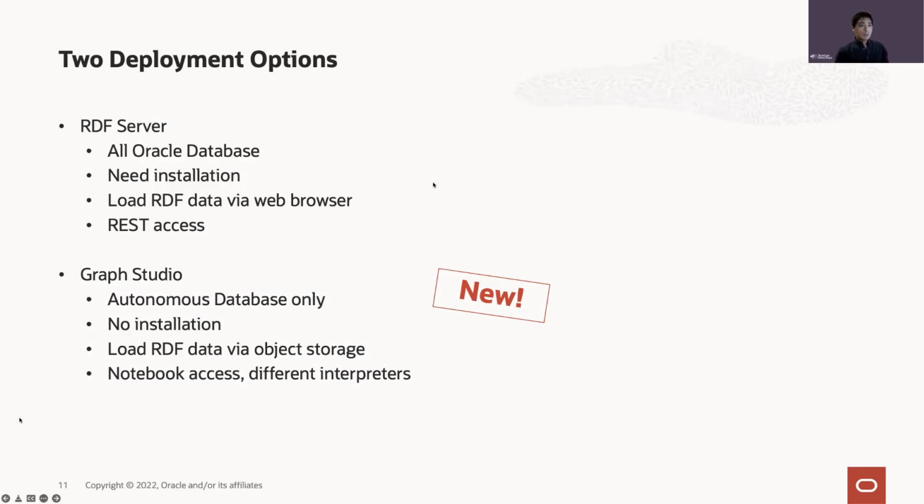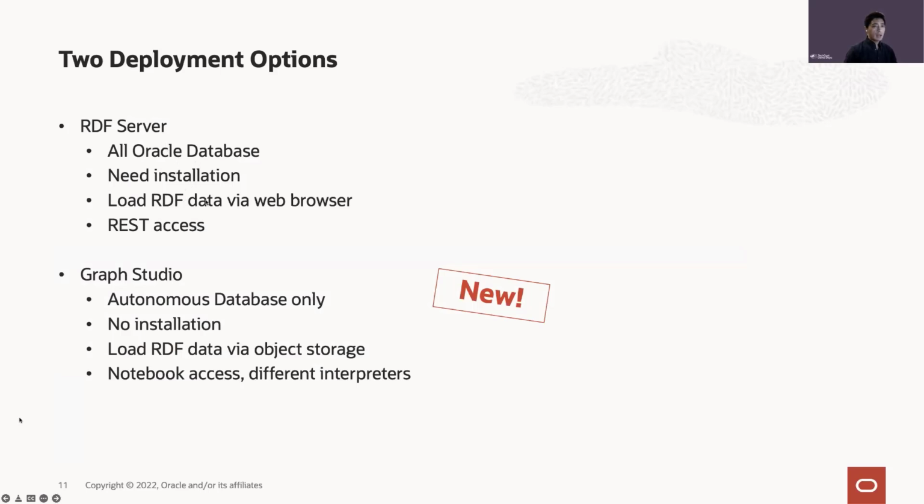Using Oracle Graph, we have two deployment options. As I said, one is RDF server, which is a separate instance from Oracle database, but we can use all editions of Oracle database. We need to install RDF server and integrate with Oracle database.